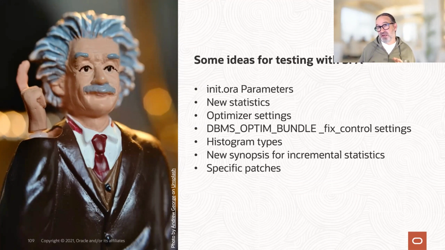Not only the space consumption, but also how long does it take to gather them, and then evaluate if it does something good to our environments, if performance gets better and whatever, or try out specific patches. So you see, there's a lot of ideas we have. And the cool thing is, you check that in, and then you re-evaluate with another SPA run, and you check your regression reports. And this is how you can optimize your system. And of course, also nail down plans.